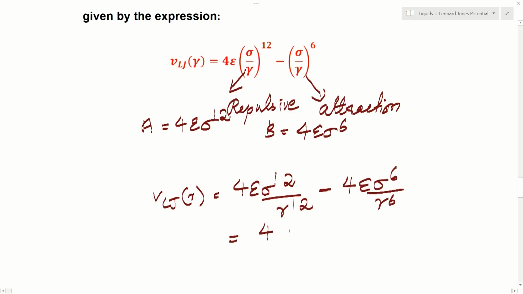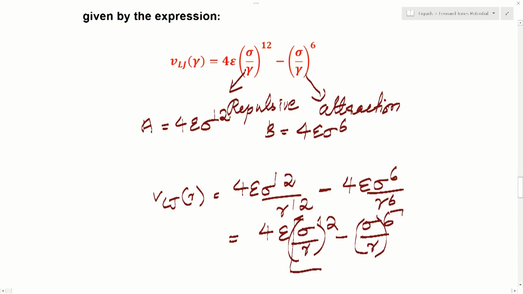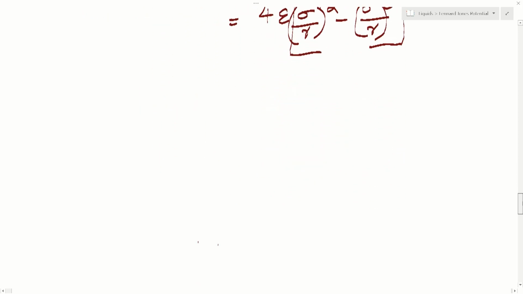Therefore, this equation becomes 4 epsilon times sigma by r the whole power 12 minus sigma by r the whole power 6.